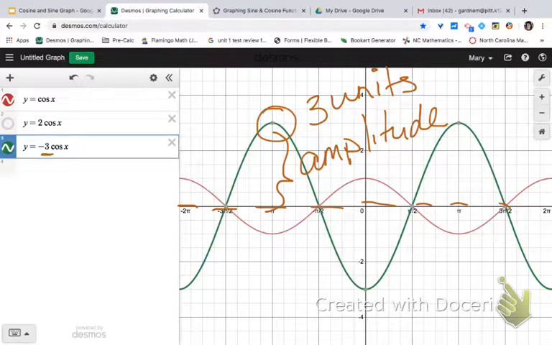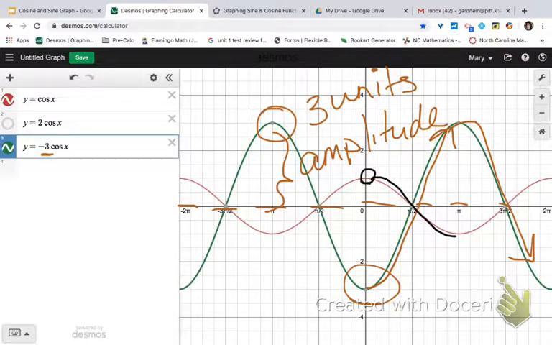But also, instead of the function starting at a positive y value, I have reflected across the x-axis and start at a negative value. So then from the negative value, I go up my hill and then down my valley. Whereas before, in the original function, I started at the top of my hill, went down into my valley, and then up the hill.